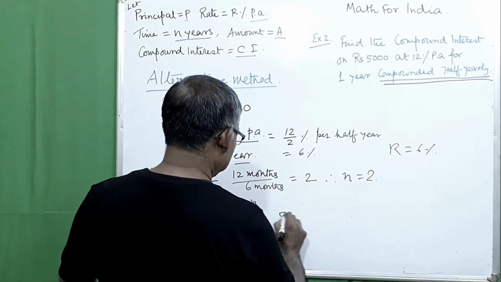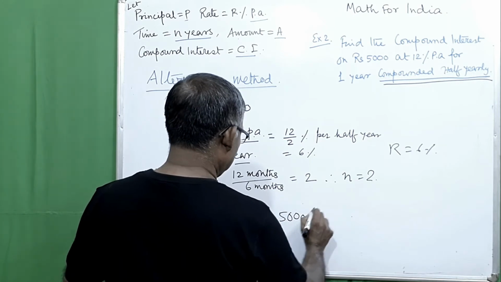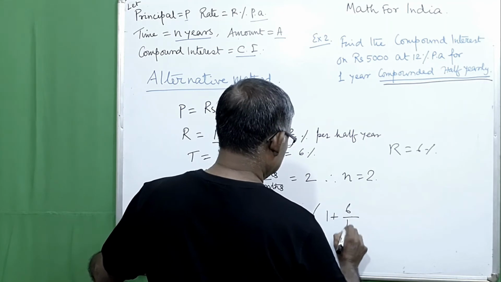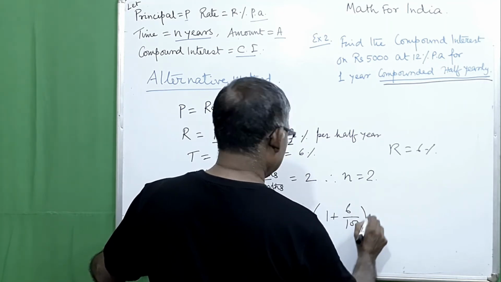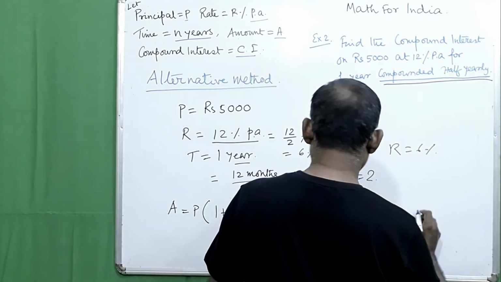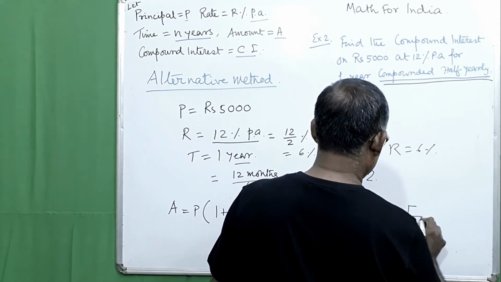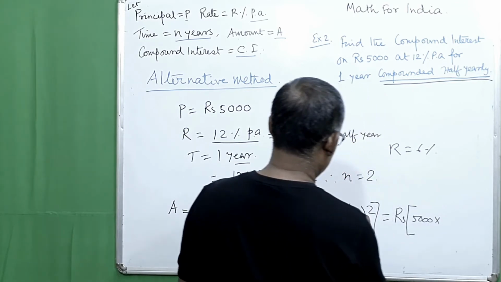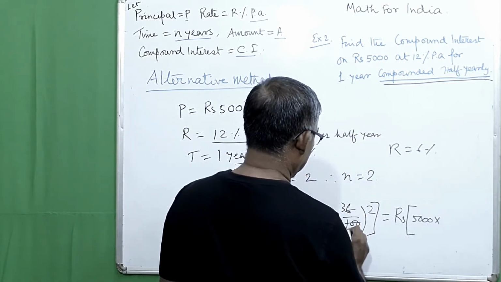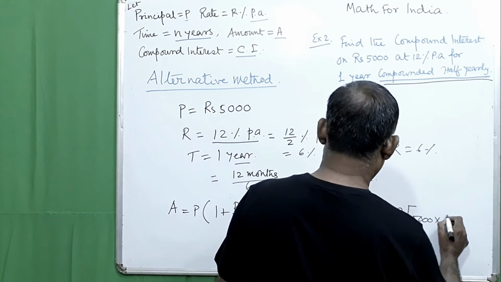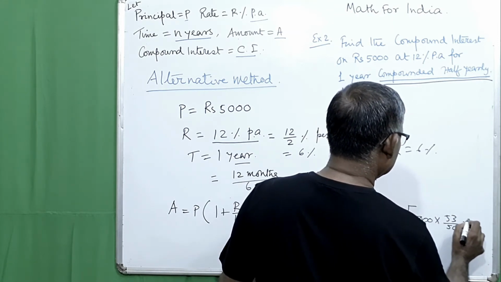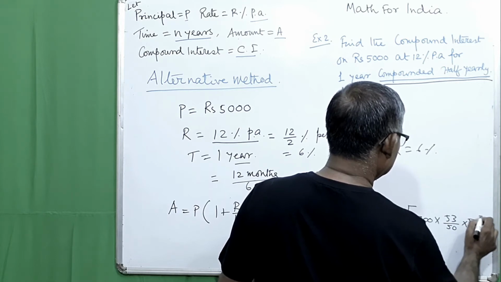Therefore 5,000 into 1 plus 6 by 100 whole to the power 2, that is rupees 5,000 into 53 by 50 into 53 by 50.